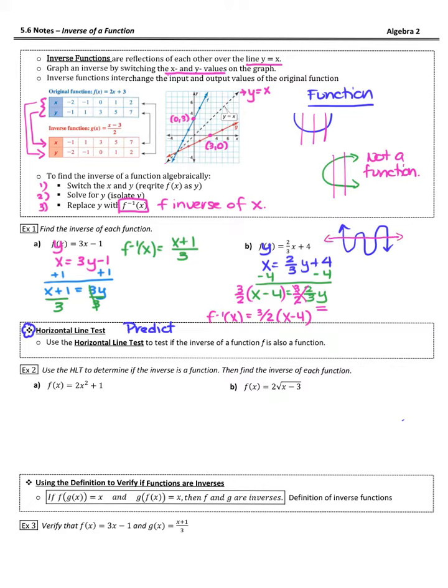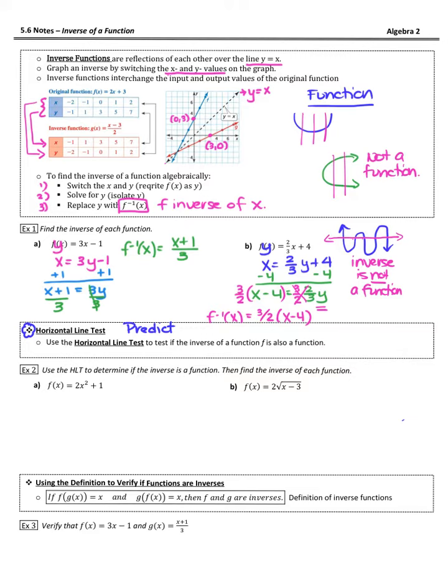Since I cross this graph at many different places, I know that its inverse, whatever that is, is not going to be a function. I don't even have to find the inverse to be able to tell that. It's as easy as that. So it's a predictor. Without having to find the inverse, I can tell whether the inverse would be a function, just from the original function.